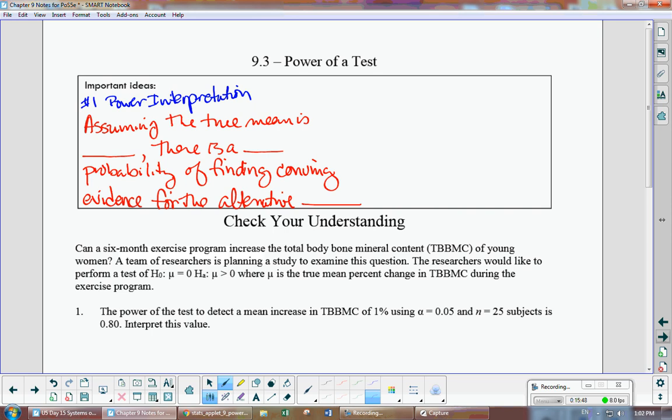And then here, you can put a value here, you can put a value here, and then this right here is going to be your H sub A value.